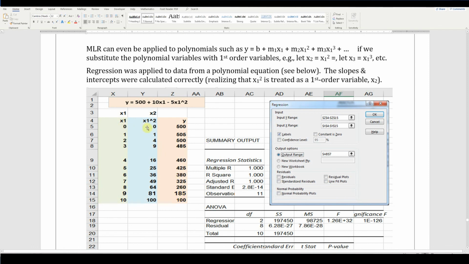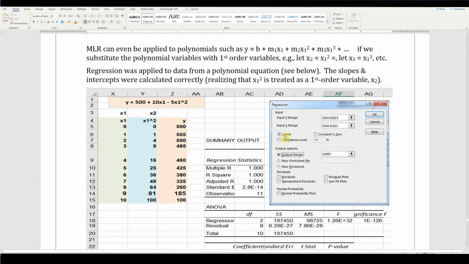So to generate this data set, I simply substitute random values of x into this equation and calculated values of y. But for the purpose of regression, I also wanted this x1 squared term. So simply square all the x1 values and treat it as if it was an independent variable.